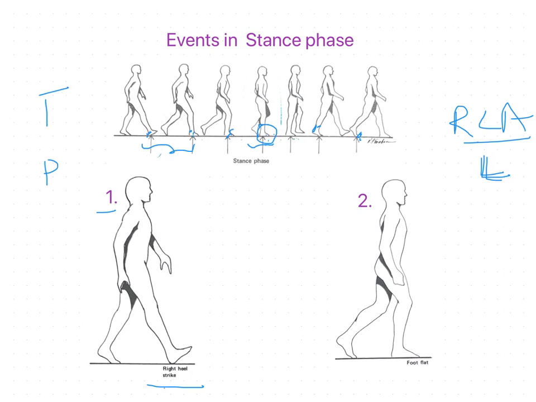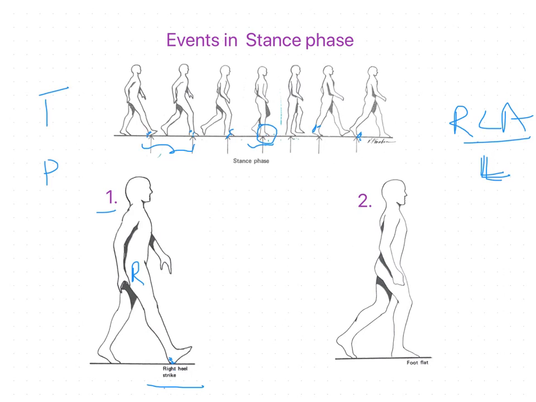Heel strike refers to the instant at which the heel of the leading extremity strikes the ground. We are considering the right extremity, so this is the point where the heel of the leading extremity strikes the ground. That is called heel strike.